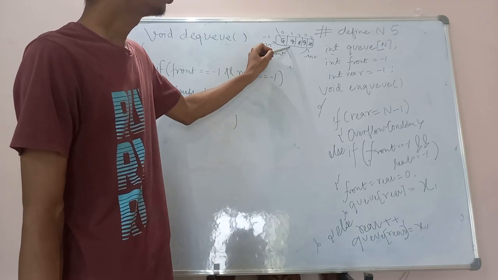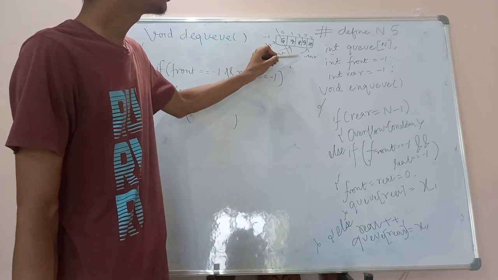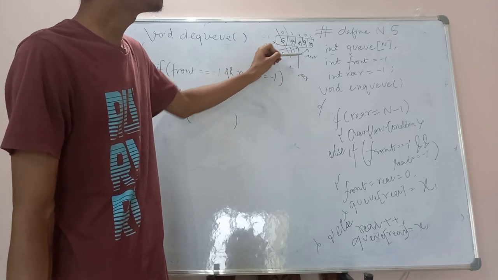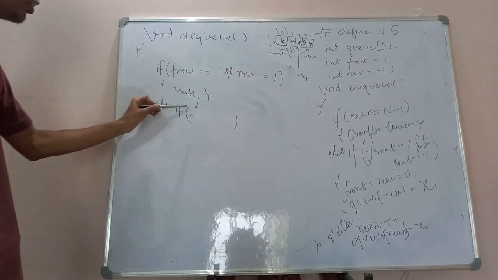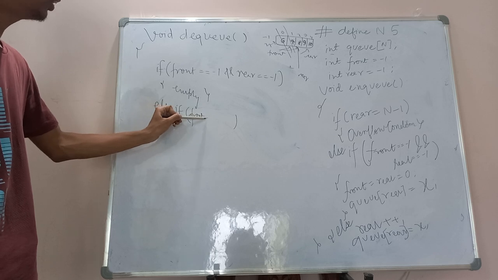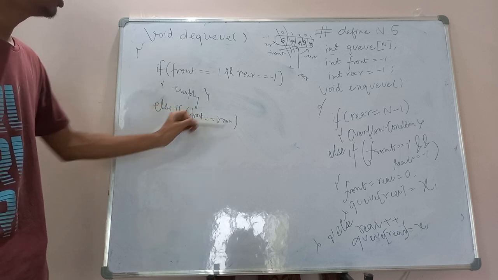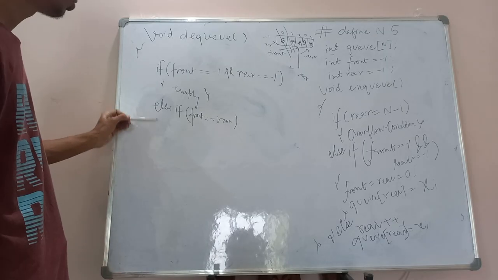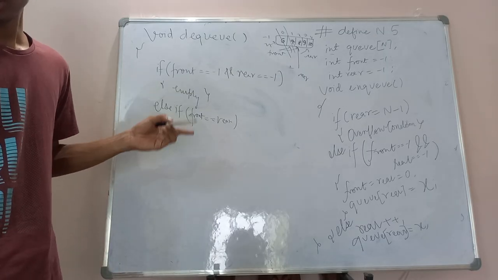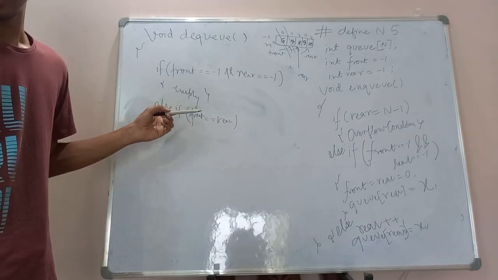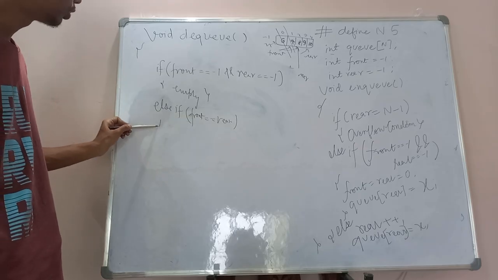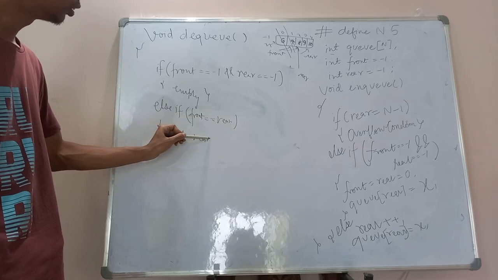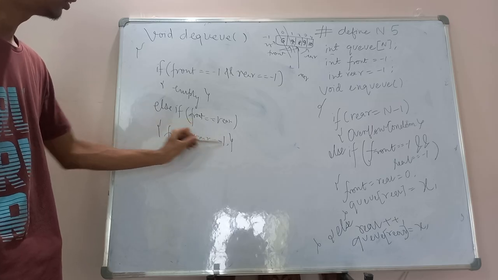Then my front will go here. Suppose my rear is at 8. Then I remove 7, so my front will go here. So there will be a condition where front will be equal to rear. If this is the condition, that means in my queue there is only one element. So in that condition, I will make my front equal to rear equal to -1.